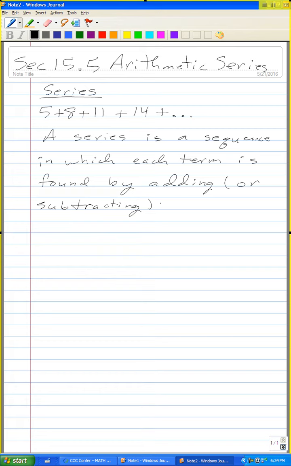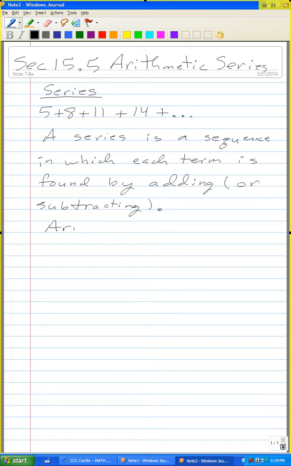A series is really just another way to say a sequence, except that I keep adding something. So I'll give you what's called an arithmetic sequence.